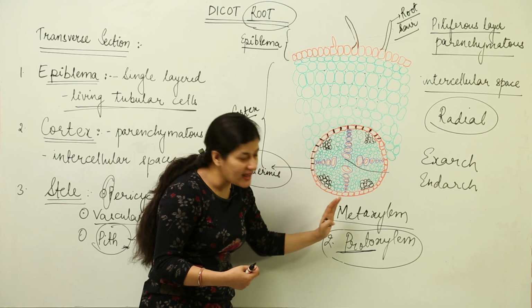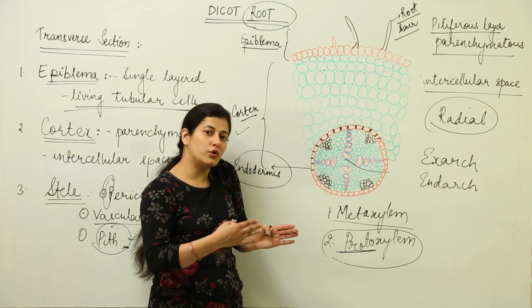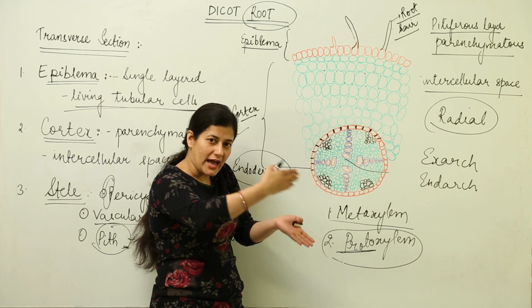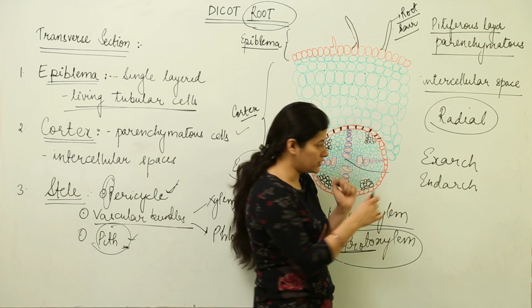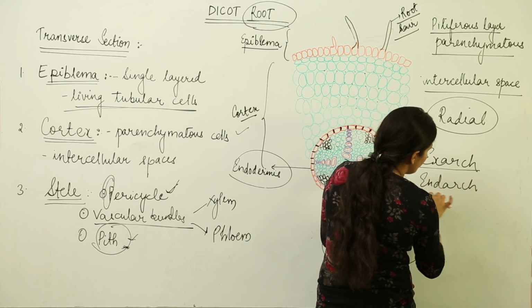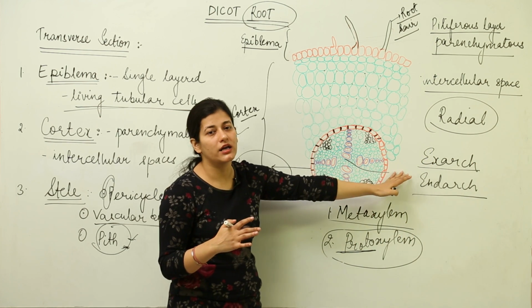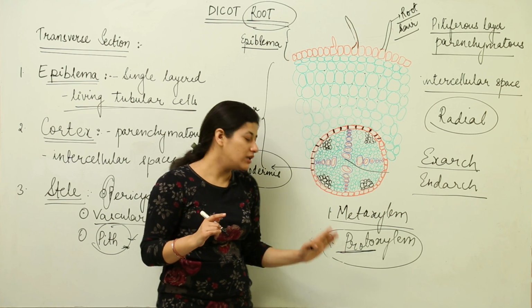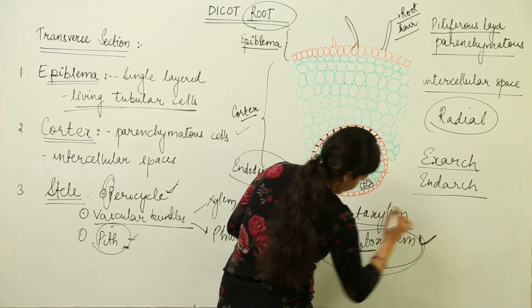Now, in context to the arrangement of these two xylems, whether the protoxylem lies towards the periphery or whether it lies towards the central part in the stele, we have two arrangements. You have to remember, one is exarch, other is endarch. Whenever this exarch and endarch reference is made, it is made with reference to protoxylem.